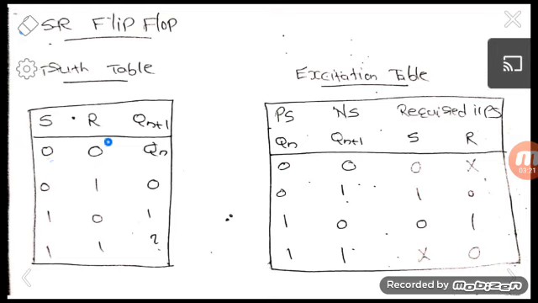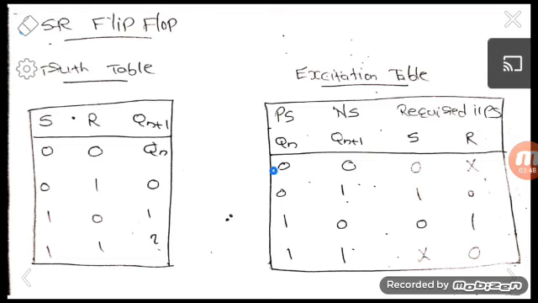We can also take the second condition, that is S is 0 and R is 1. We know that the output of the flip-flop will always be 0, whatever may be the previous output. So we can take this condition also.